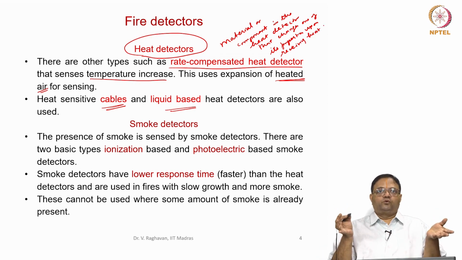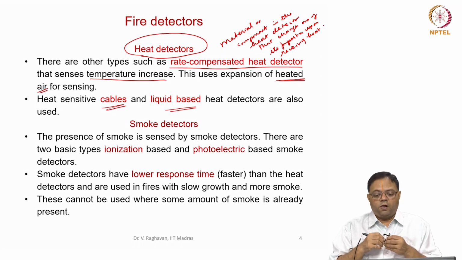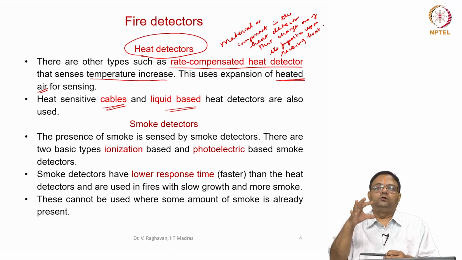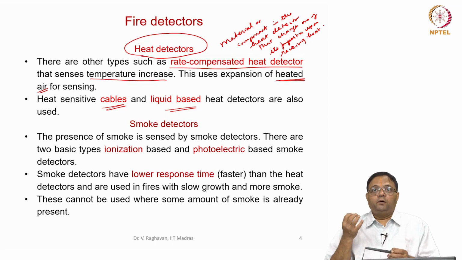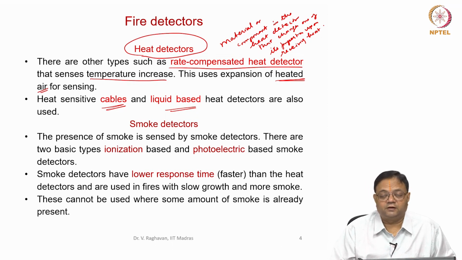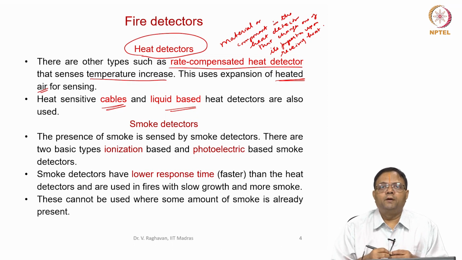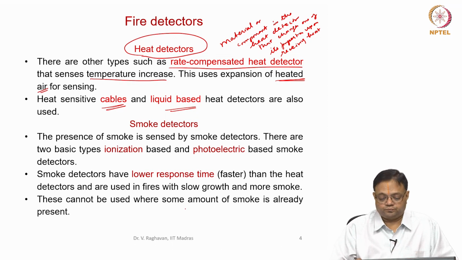That is the concept used in the heat detectors. So, calibration is required. You have to first subject the heat detector to a known heat flux and see how the material properties etc. change. Based upon that, you will be able to detect the actual fire.